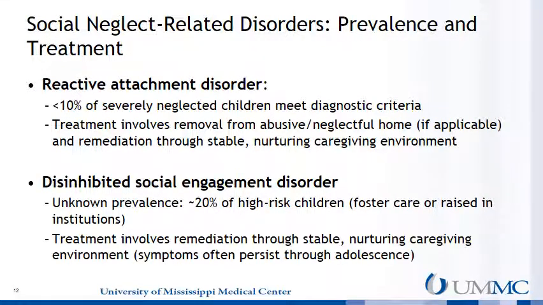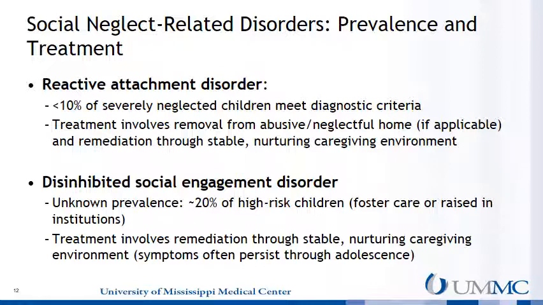So when focusing on prevalence and treatment here, reactive attachment disorder is quite rare. It's presumed to have a prevalence of less than 10% even among severely neglected children. And treatment typically involves removal from an abusive or neglectful home, wherever applicable, as well as remediation through stable, nurturing caregiving environments. The prevalence of disinhibited social engagement disorder is unknown.